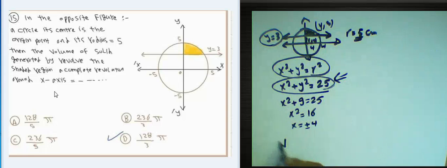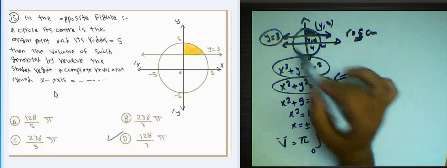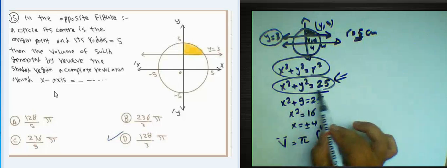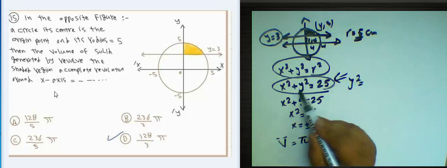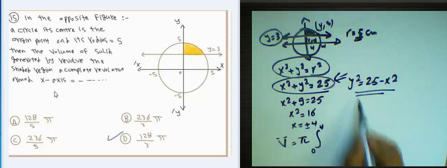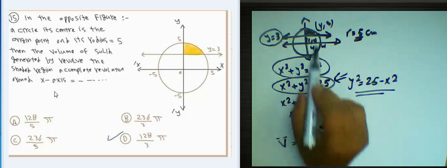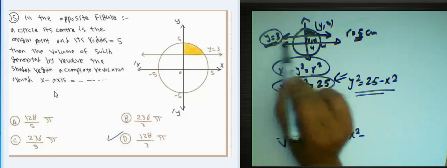Then we can find the volume by integrating from 0 to 4 of up subtract down. The upper curve is the equation of the circle. Here we can write y power 2 equals 25 subtract x power 2. Here 25 subtract x power 2, subtract the equation of the straight line.